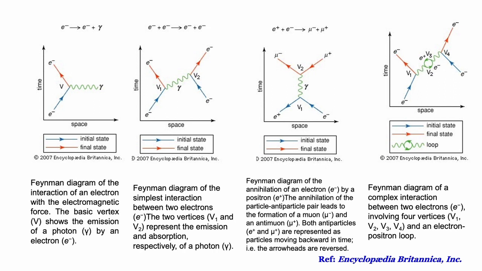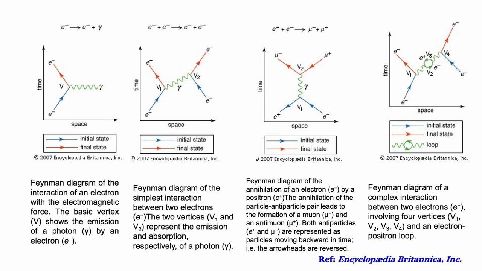The first figure shows the Feynman diagram of the interaction of an electron with an electromagnetic field. The basic vertex V shows emission of a photon by an electron. The second figure shows one of the simplest interactions between two electrons. The two vertices V1 and V2 represent the emission and absorption respectively of a photon.